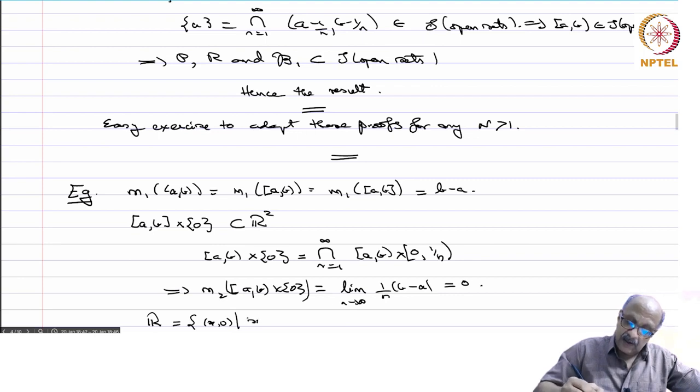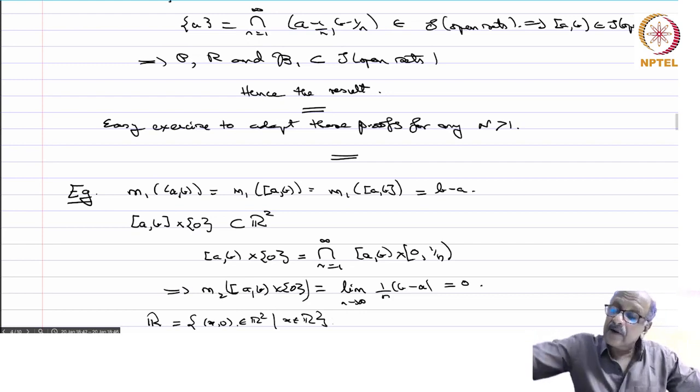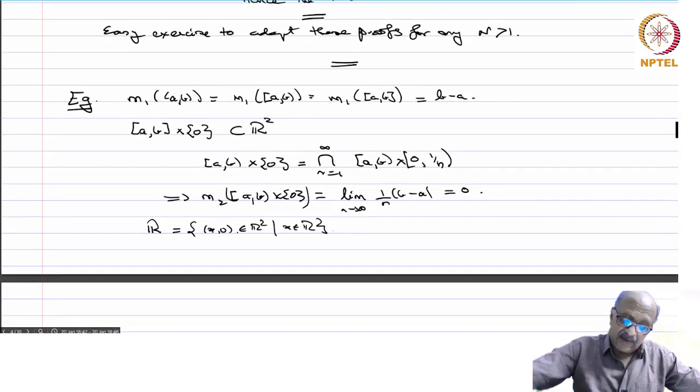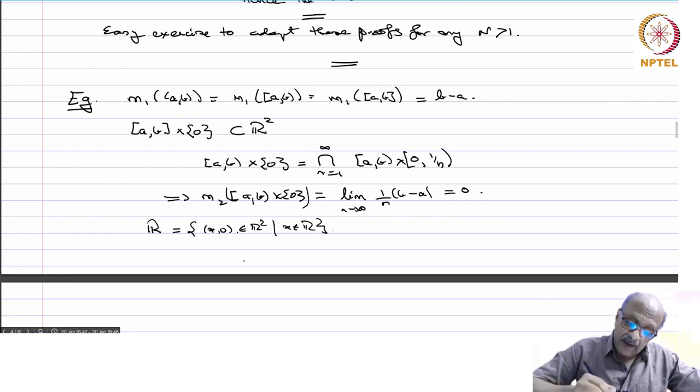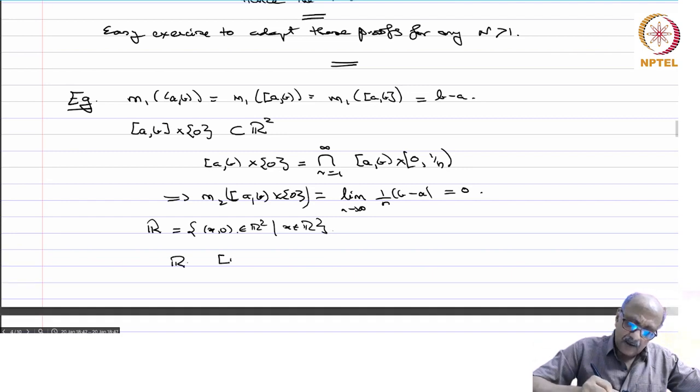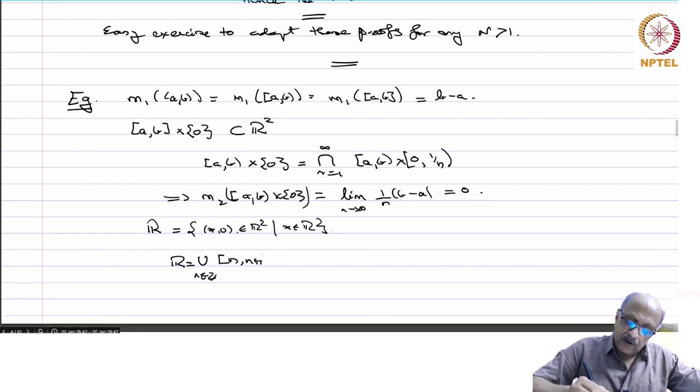So now you consider R equals the set of all (x,0), x in R^2. So the R, the x-axis, can be considered as a subset of R^2. Then you have that R is nothing but the union over n in Z of [n, n+1) cross {0}, and these are all disjoint, and therefore this implies that M2 of R is 0.